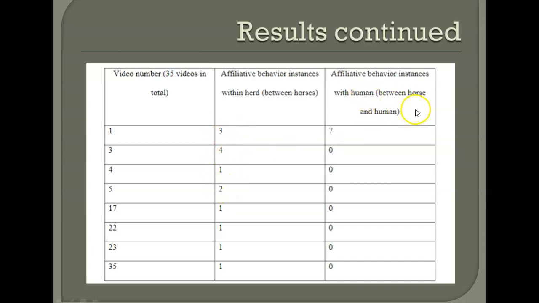The affiliative behaviors with the horse and the human were only noted in video number 1. Videos 3, 4, 5, and so on did not have any affiliative behaviors between a horse and a human, just to make that clear. So we're basically looking at the behaviors between the horses for this particular set of data.